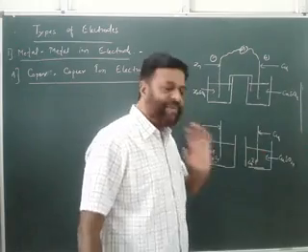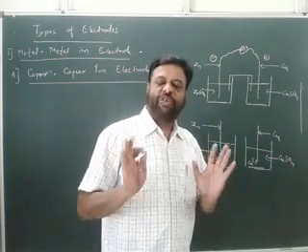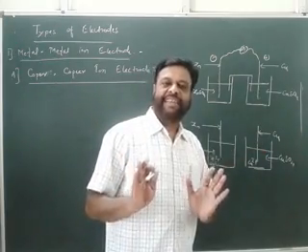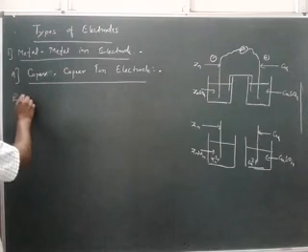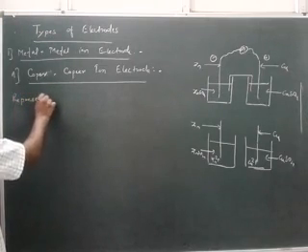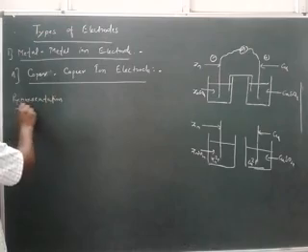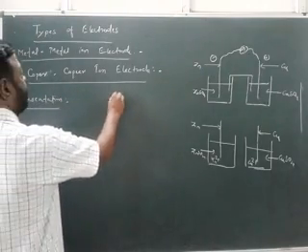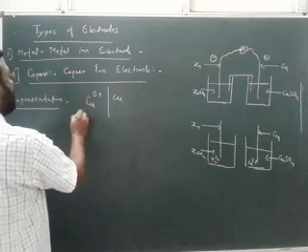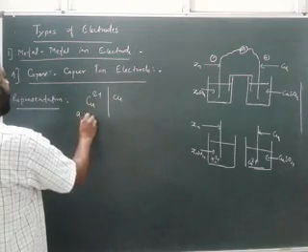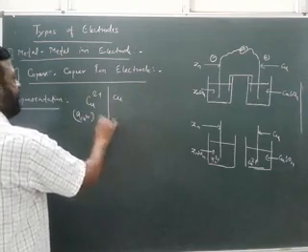So this is the diagrammatical representation. First of all, we can write the representation. Copper, Cu, is in contact with solution containing copper 2 plus. So this is the representation.